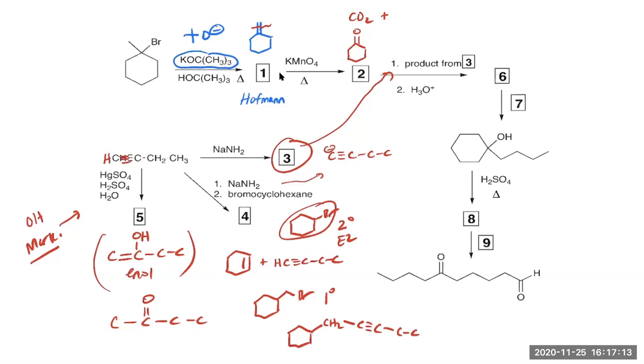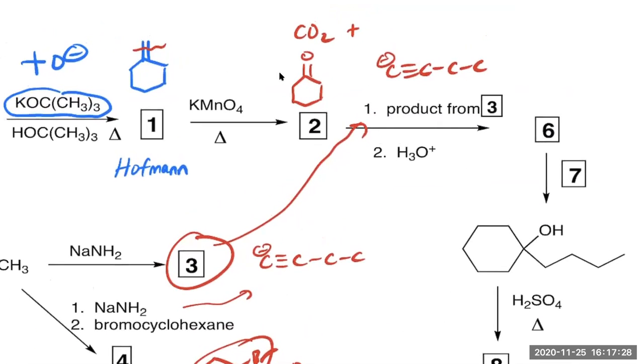Okay, we know what 3 is. It's the acetylide ion. It's going to react with the ketone. So let's go ahead and draw that out. I'm going to kind of expand it a little. And it will attack at the carbonyl.